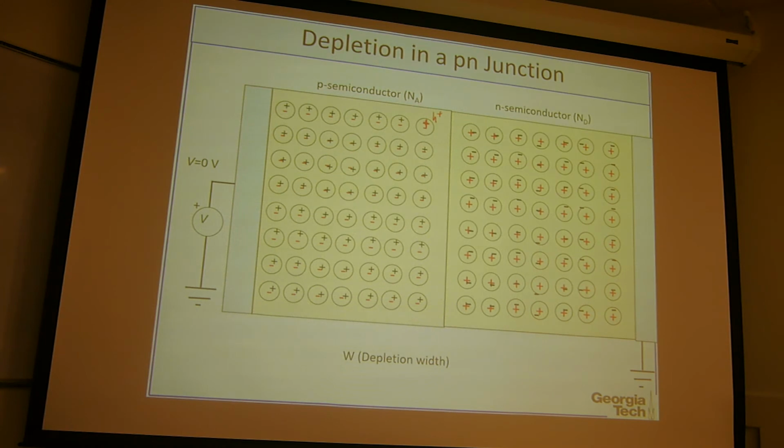And similarly, on the N side, if you dope, then this circle means your dopant, like arsenic, and you have a positive charge center. And then you give an additional electron, which is this negative sign here.